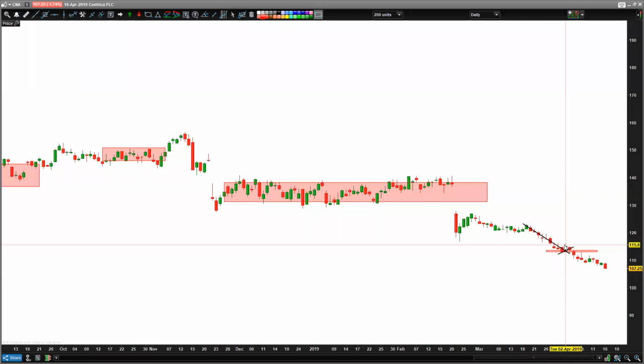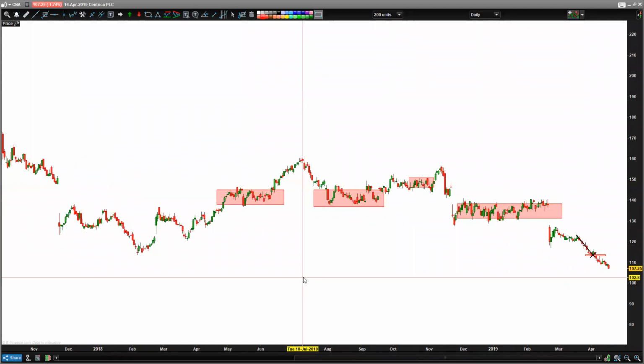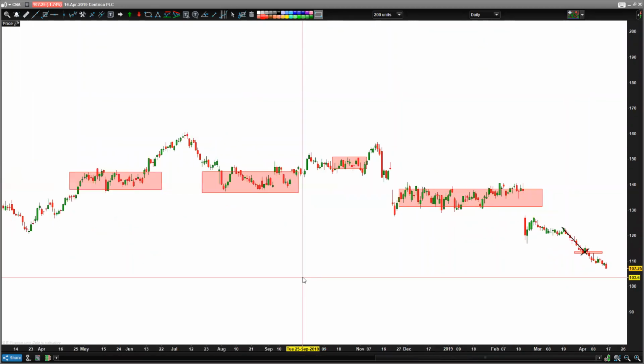So this buy setup that I've used in EasyJet and Silver at the moment is not working, and it was a higher risk trade because it was a very much more ragged chart.